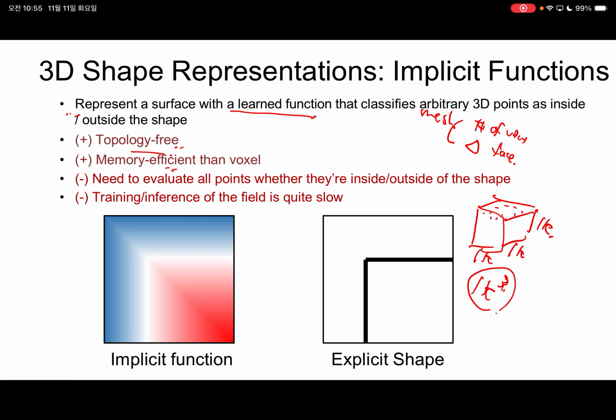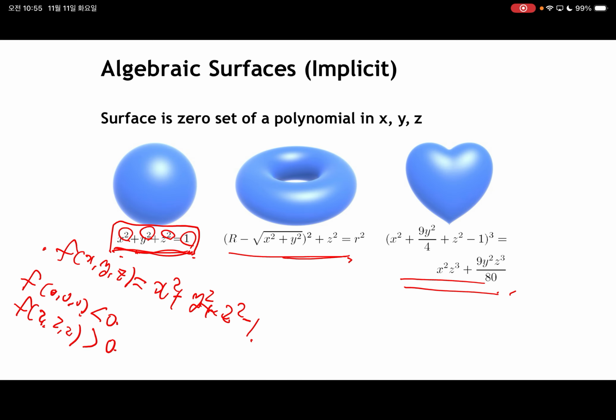But the drawbacks are related to NeRF. We need to evaluate all points, whether they are inside or outside of the shape. What we have from this implicit function is just a function like this. To determine whether a point is inside or outside of the 3D shape, we need to pass its position, like 0, 0, 0, to this function to get the sign of the result. It is not O(1).